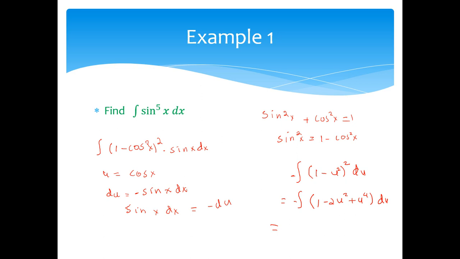Then we do the integration of that, which gives negative u plus 2u raised to the power of 3 divided by 3 minus u raised to the power of 5 divided by 5 plus c constant.